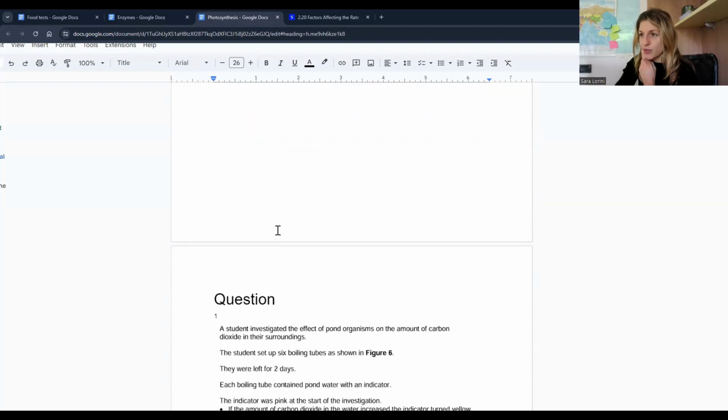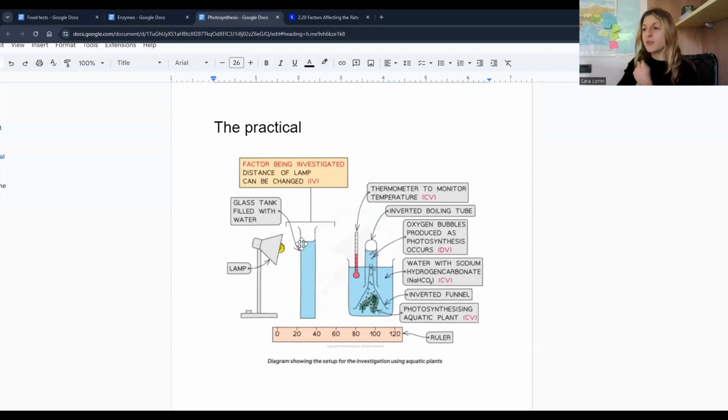And I want to show you one type of practical, but the important thing I want you to notice here is, okay, we have a lamp and we have a ruler. So we're changing the distance of this lamp. So guess what? We're changing the light intensity. Okay.